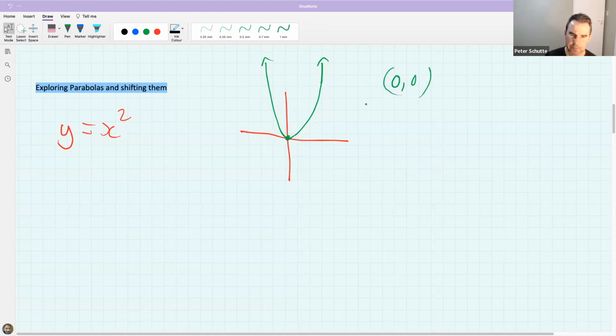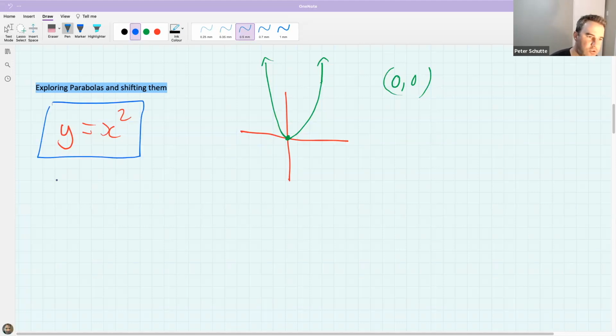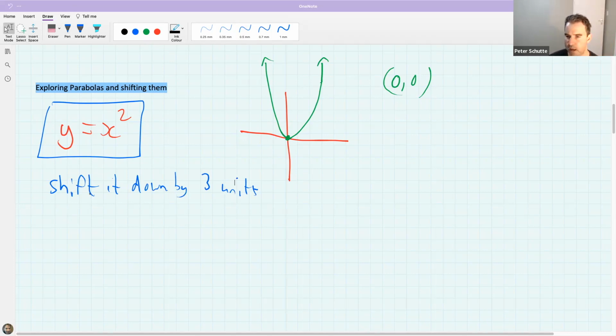Now, I want you to take the simple parabola and shift it down by 3 units. What will my new equation be if I shift it down by 3 units? I want you to put it in the chat, or maybe you can come on and tell me how you would shift the most basic parabola down by 3 units.